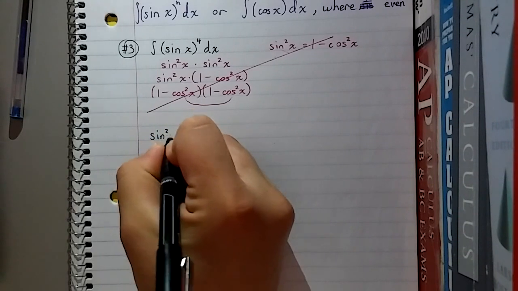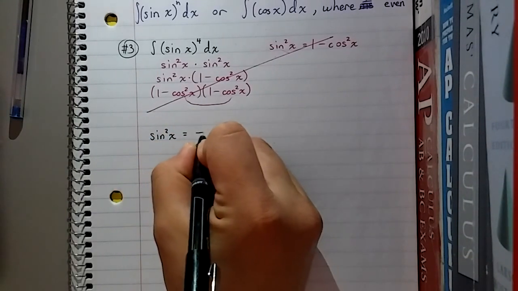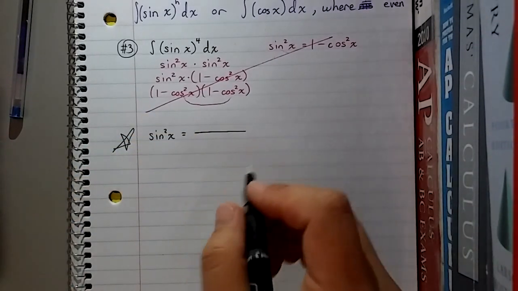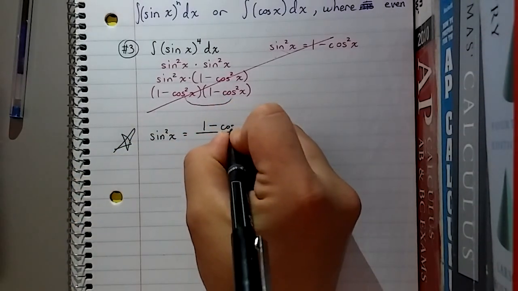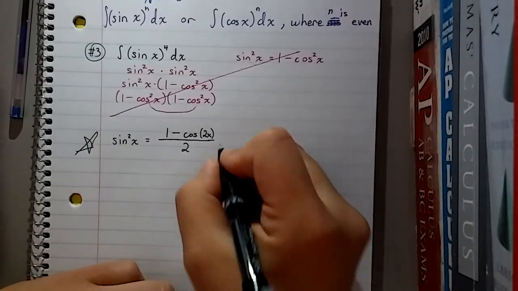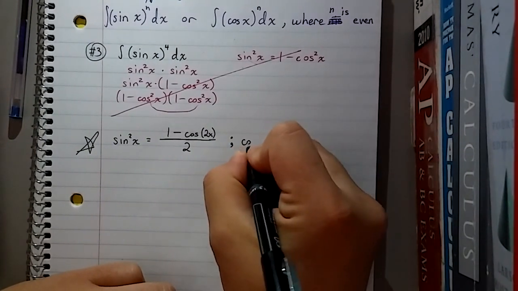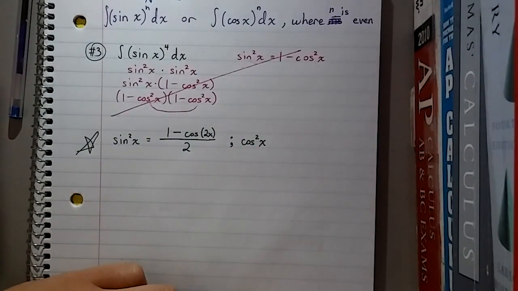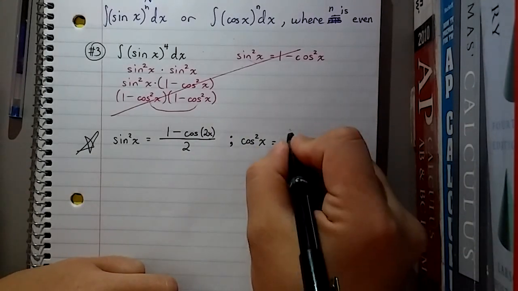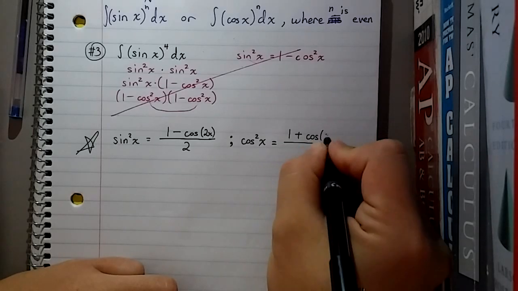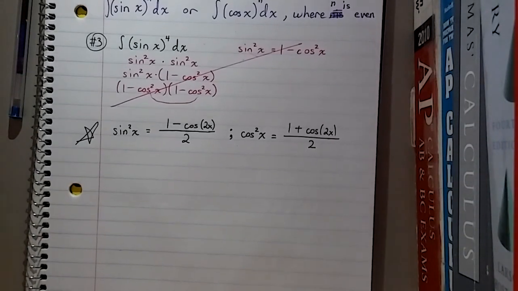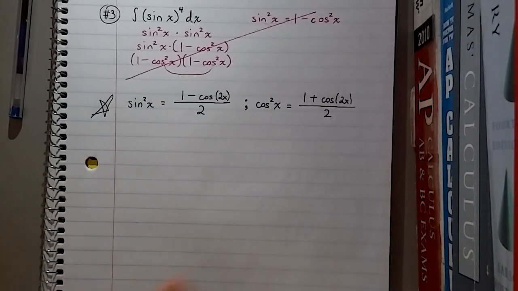Sine squared x is 1 minus cosine 2x all over 2, or cosine squared x is 1 plus cosine 2x over 2. Do you kind of see where this is going?